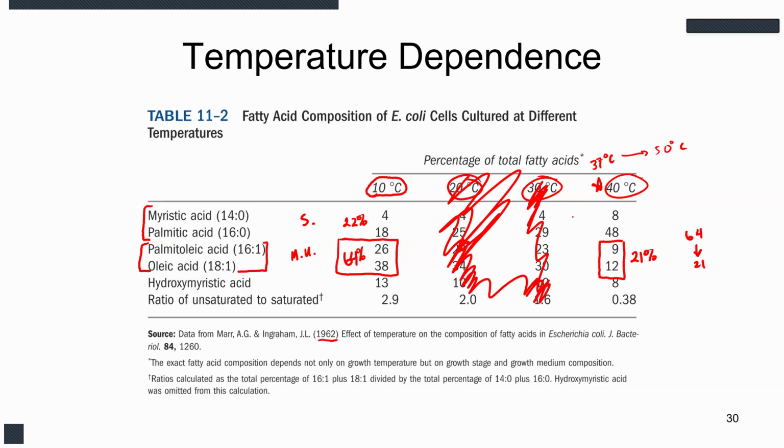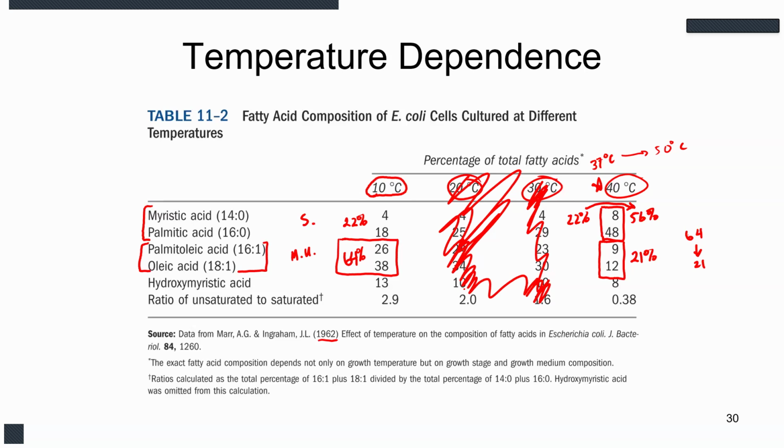Now, if we look at the saturated fatty acids, because maybe there's more polyunsaturated fatty acids, I don't know. Well, when we look at the saturated fatty acids, we have about 56%. So we've gone from 22% at a low temperature to 56%. What does that say? 22 to 56, that's nearly multiplied by 3.